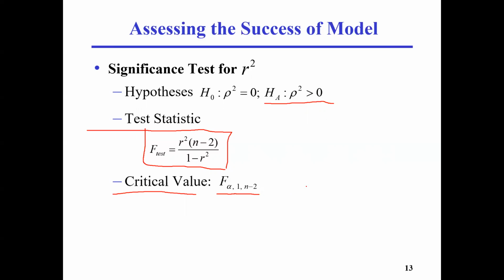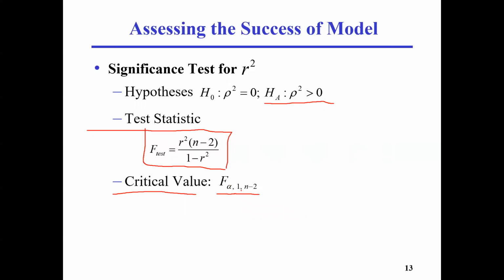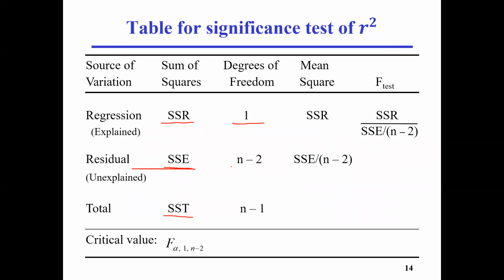Okay, how to do this test? You can still use a table to help you, just like what you did for ANOVA, right? So you need to calculate SSR, SSE, and SST, right? The degree of freedom for SSR is always 1. That's the reason why here it's alpha, 1 and N minus 2. So 1 is the degree of freedom for SSR, and N minus 2 is the degree of freedom for SSE.